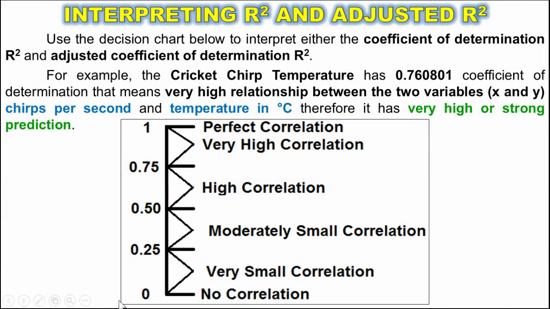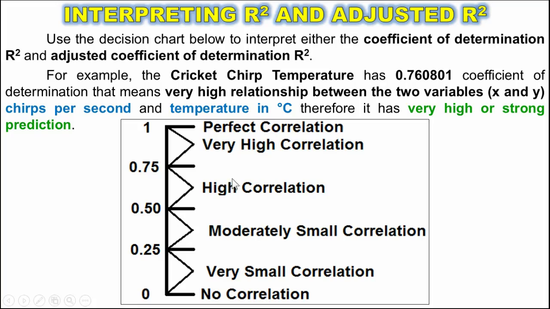Interpreting the coefficient of determination R squared and the adjusted coefficient of determination R squared. Use the decision chart below to interpret either the coefficient of determination R squared or the adjusted coefficient of determination R squared.